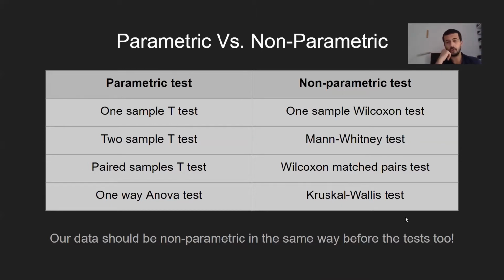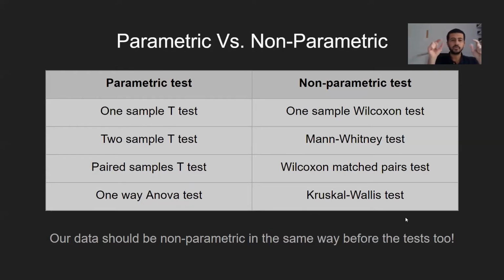For example, for Whitney test, we are comparing two groups. If one group has kurtosis and the other group has skewness, the result can't be trusted, as when they are both having the same problem.